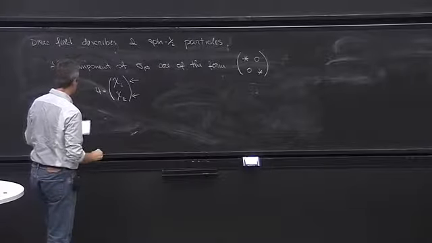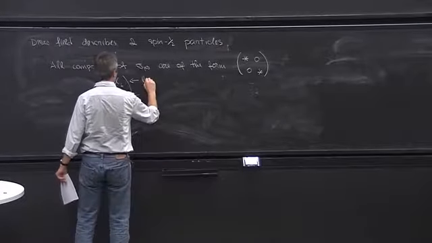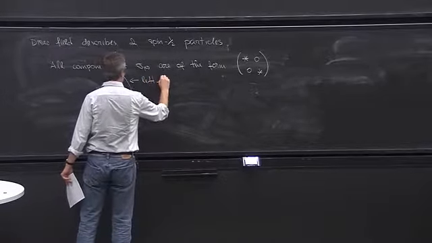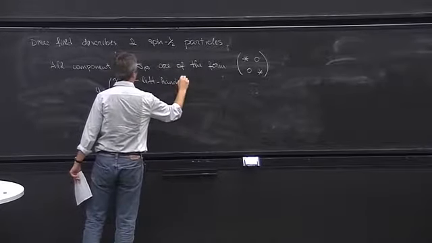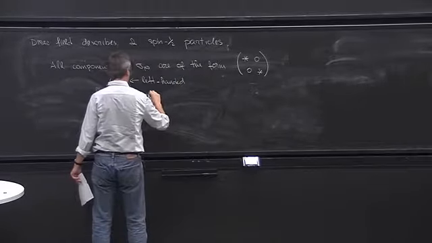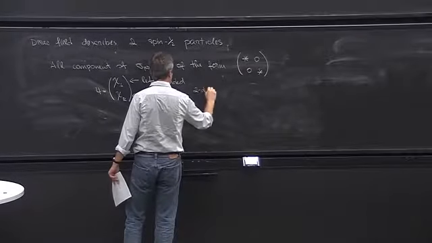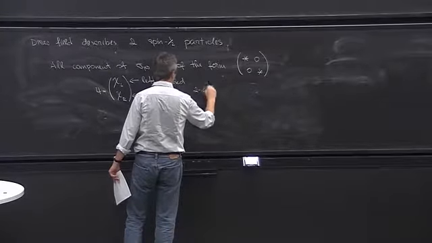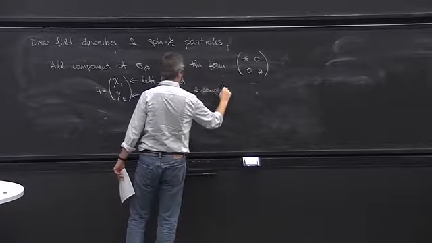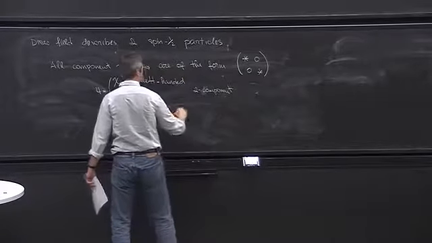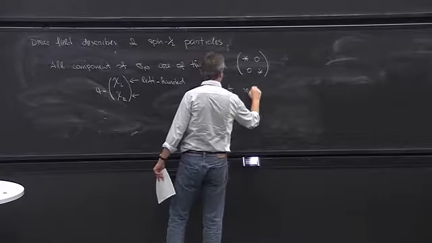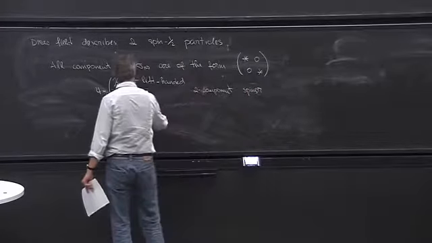They have a name. So this is called the left-handed spinor, a 2-dimensional, 2 component spinor, and this is called right-handed.